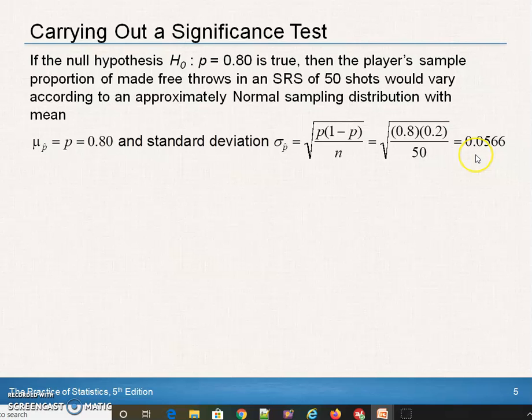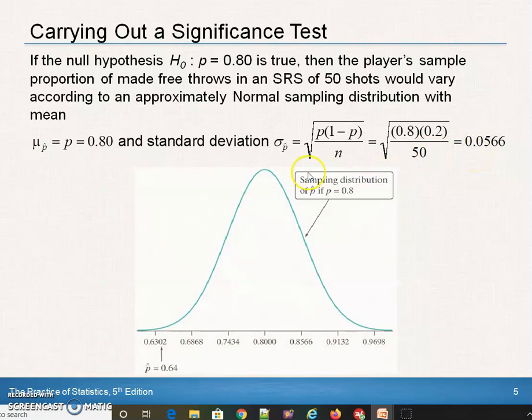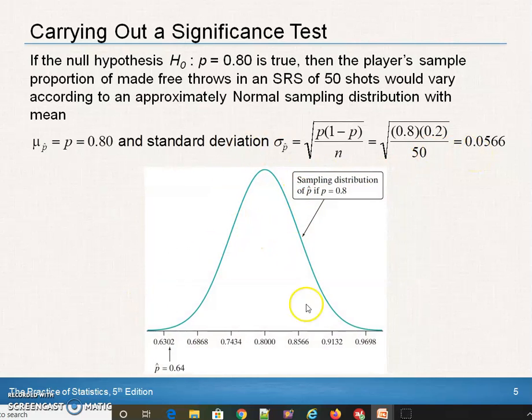You get 0.0566. And you get this sampling distribution. Here's the 0.64. It's sort of like when we did the 400 sets of 50 shots, which gave us something similar to this. But now we're using the exact normal distribution.